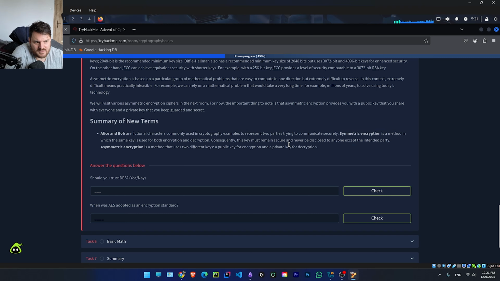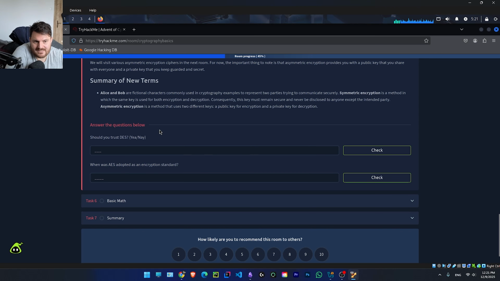Consequently, this key must remain secure and never be disclosed to anyone except the intended party. If you want to send someone an encrypted message with symmetric encryption, then that party needs to have the key. Asymmetric encryption is a method that uses two different keys, a public key for encryption and a private one for decryption. Answer the questions below.